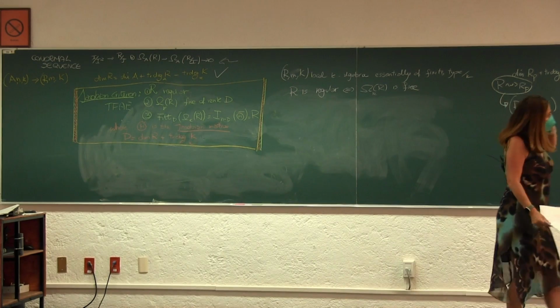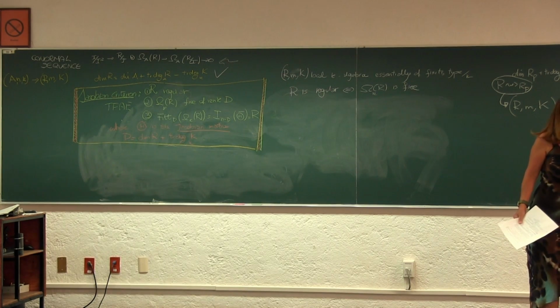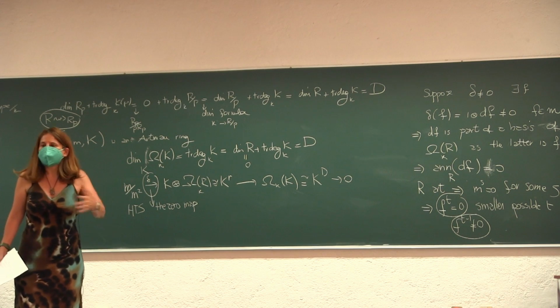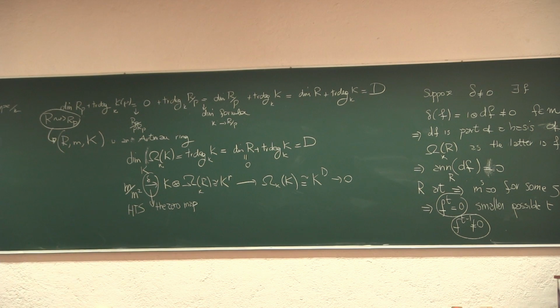I mean, if you think about it, how do you find the minimal generator of a module? Who asked me the question? What do you do with Nakayama's lemma? Okay. You tensor with k. Yeah. Okay? That's easy. So now you know your answer. Okay.